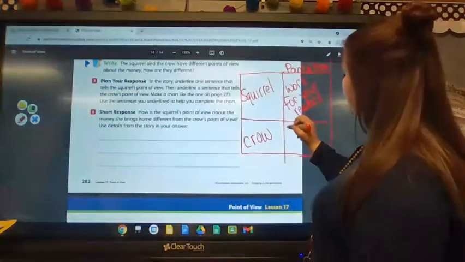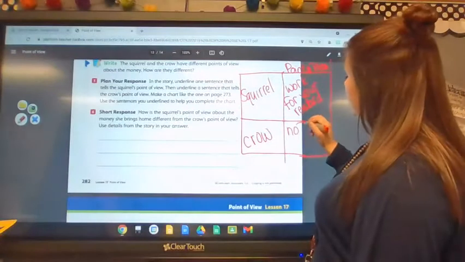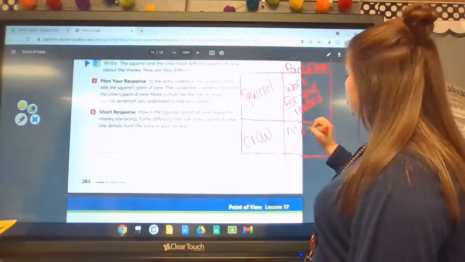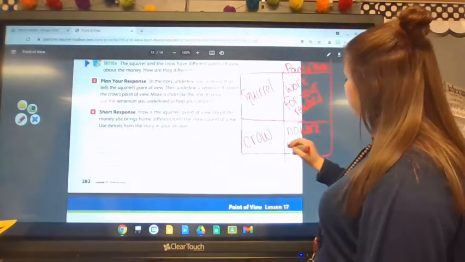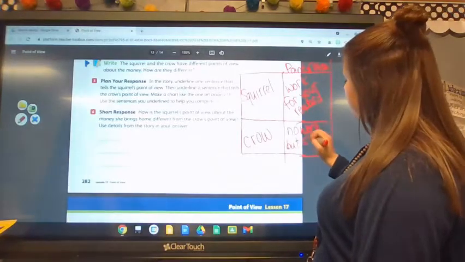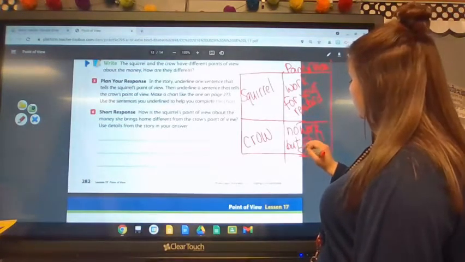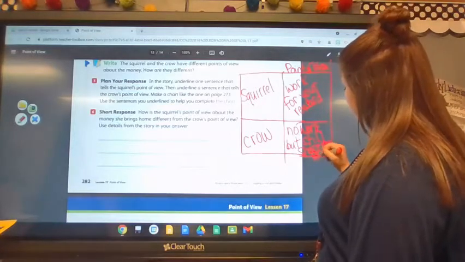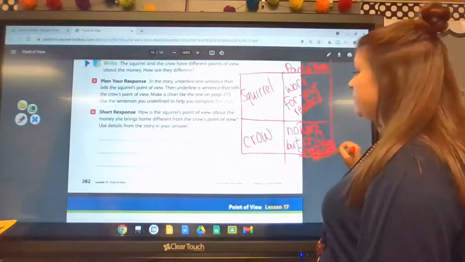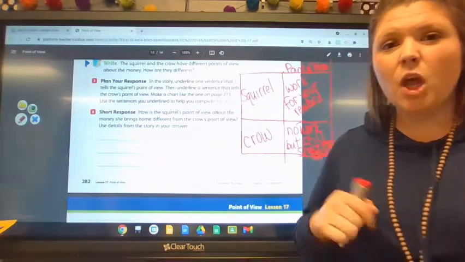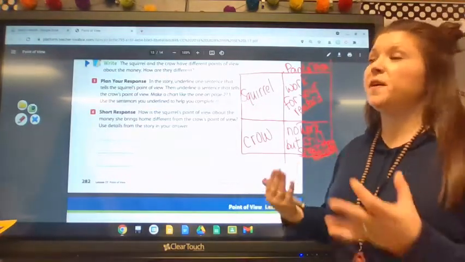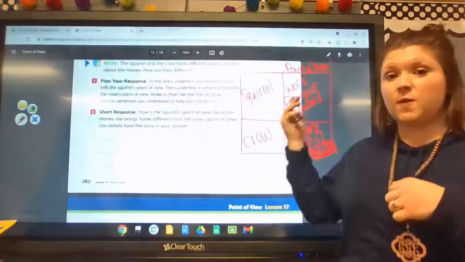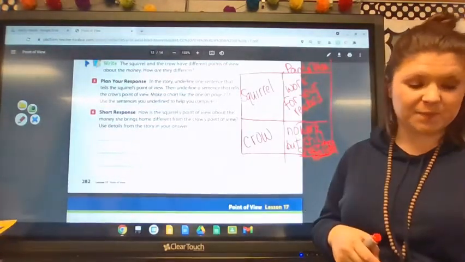So the crow's point of view is no work, but still share the reward. Those points of view are different, aren't they? Whose point of view do you feel like you can relate to, the squirrel's or the crow's?